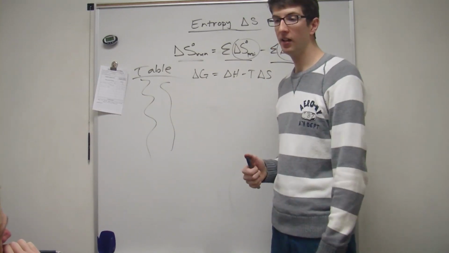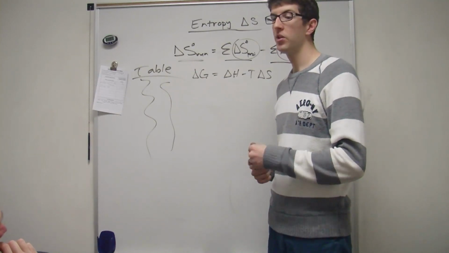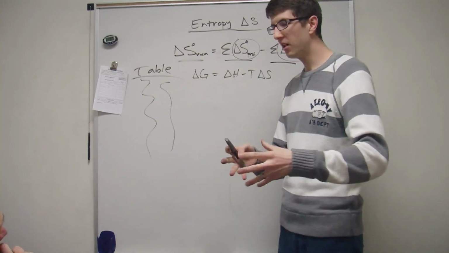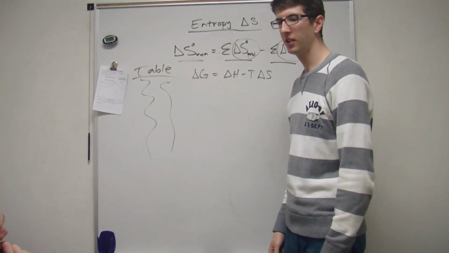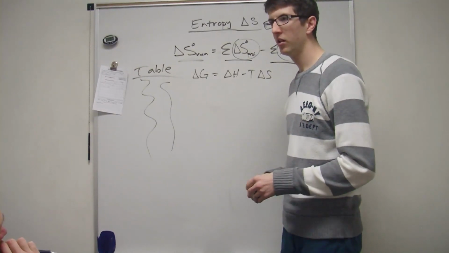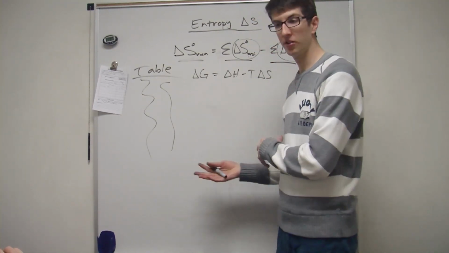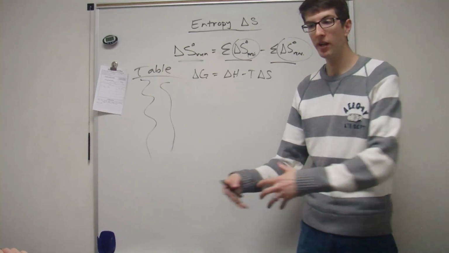Like photosynthesis, which I think you'll talk about in Bio-180. You need energy from the sun to make photosynthesis happen. It doesn't just happen. Cellular respiration, though, is a good example of a negative delta G, where you have glucose being broken down.